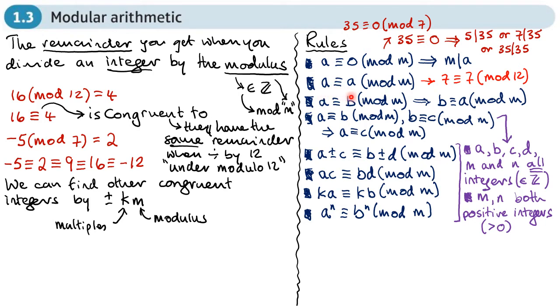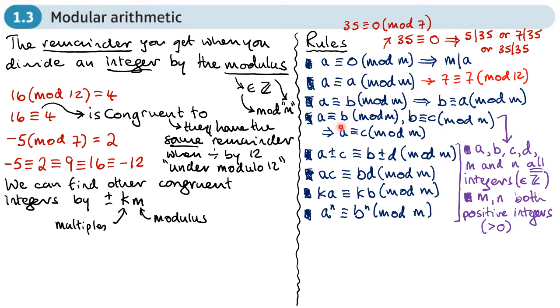Here we can write modulus either way around. So let's say I had one number congruent to another under a certain modulus. I can write it the other way around and it's still true. So here, for example, where I wrote 16 is congruent to 4, I could also write 4 is congruent to 16. It's true as well.